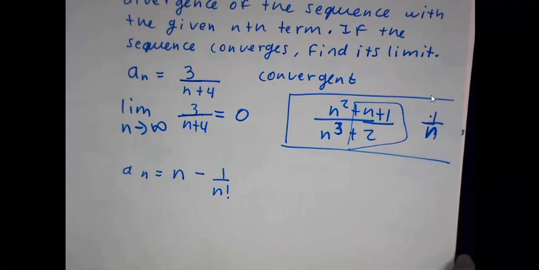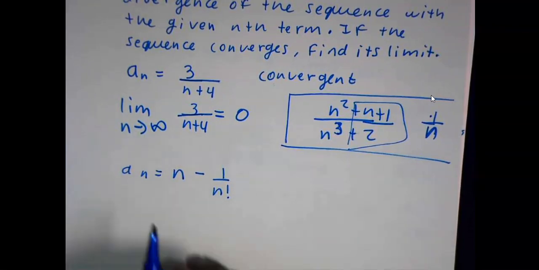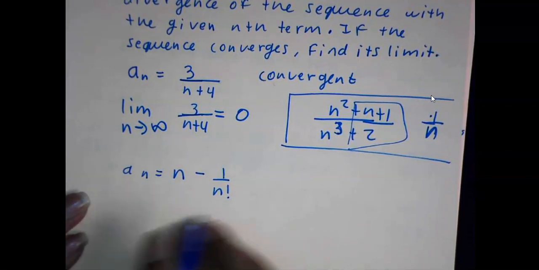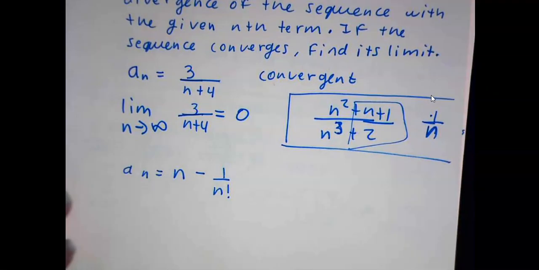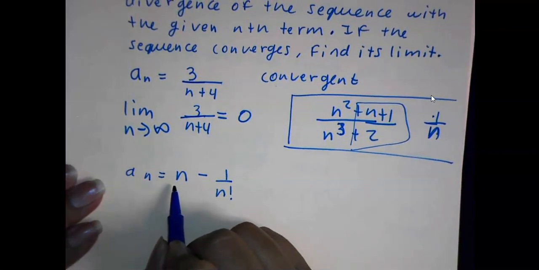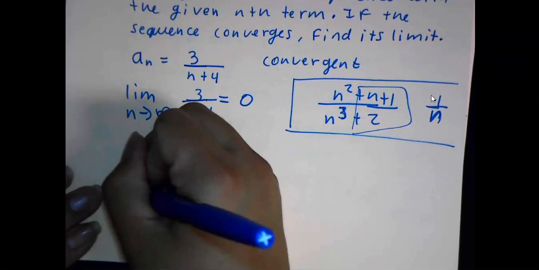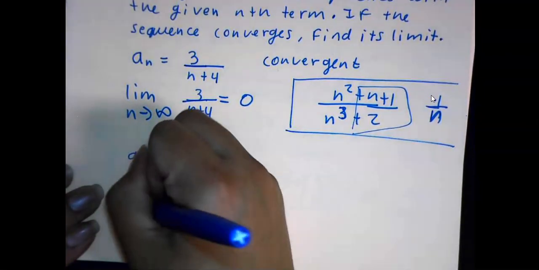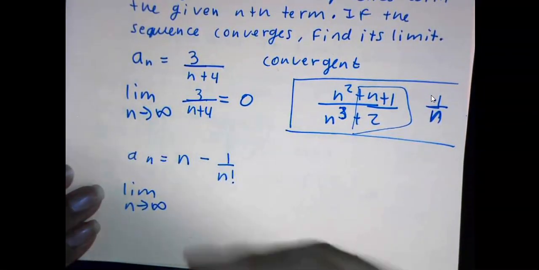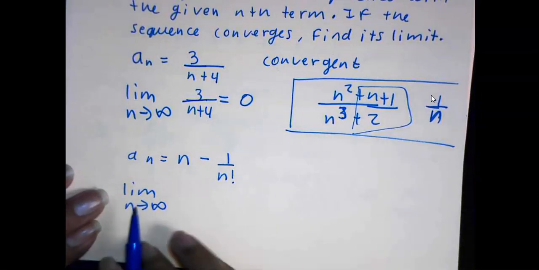In this case, remember we said, if again we have n, and we're subtracting this. Well, in this case, I have infinity here. Remember, we're talking about seeing if there's a limit as n approaches infinity.